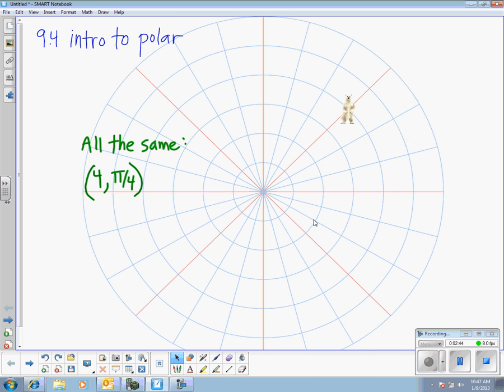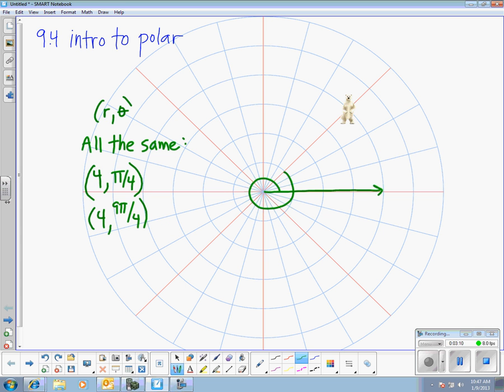One way to get to the polar bear would be starting at 0 degrees, rotate 2 pi and an additional pi over 4, and then go 4 steps. So 4 steps at an angle of 2 pi plus pi over 4, which would be 9 pi over 4. There's not really any reason to do 9 pi over 4 other than just to know that they exist.